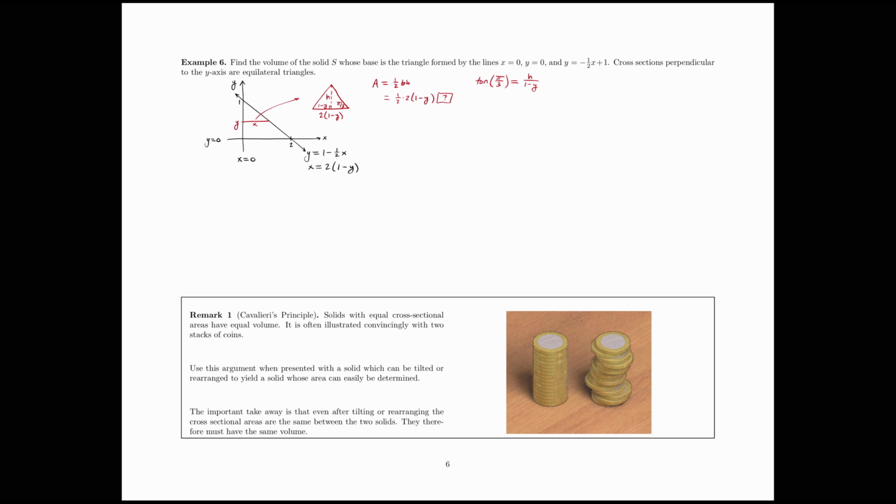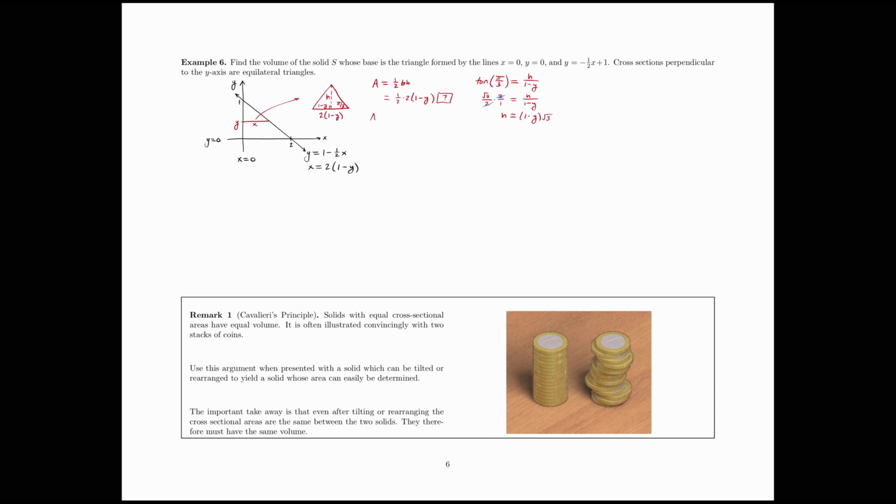So we can solve for it. The tangent of pi over 3 is the sine of pi over 3, which is root 3 over 2, divided by the cosine of pi over 3, which is a half. If we're dividing by a half, we're multiplying by the reciprocal. So the height is 1 minus y times root 3.